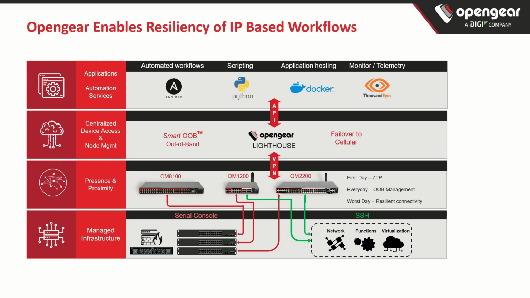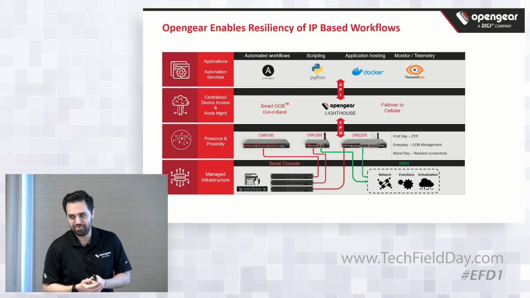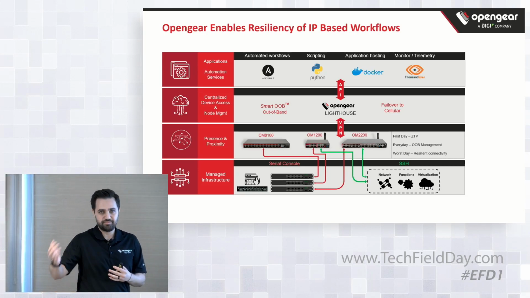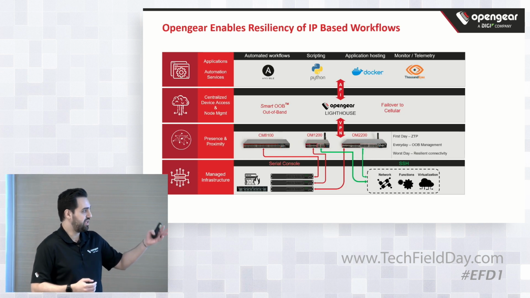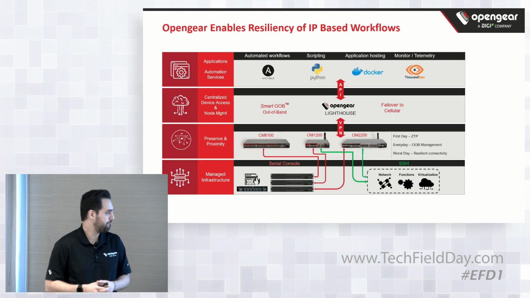Embedded into our products, both Lighthouse and our physical hardware, you have your Python and Docker containers. So you have Python embedded, so you can run your Ansible playbooks, you can run particular scripts and libraries, and you have Docker, so you can actually host some simple or not so simple compute software. A great example of that again is ThousandEyes. We'll get into more examples down the line.